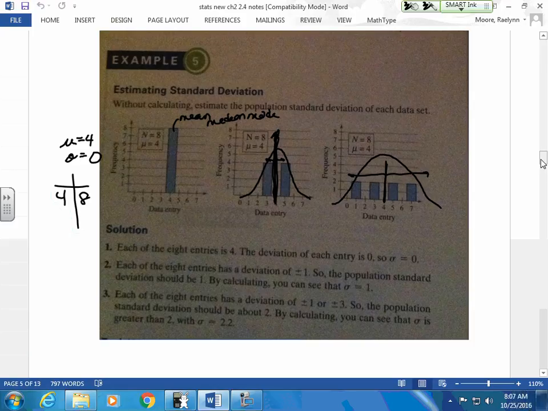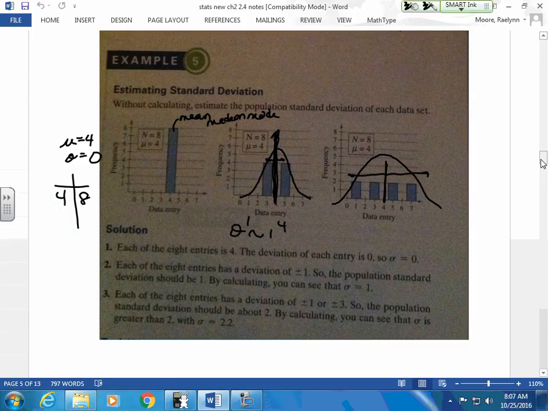So let's just estimate. From 4 to 1, I went 3 positions. How many standard deviations do I get? 1, 2, 3, right? So 3 divided by 3 becomes 1. So your standard deviation is approximately 1. Just approximately. I don't care what they say it is. We don't have to get any more detailed than that.